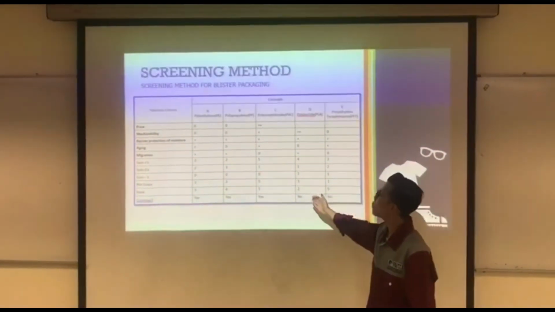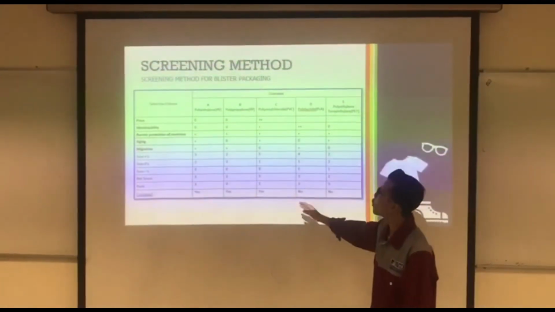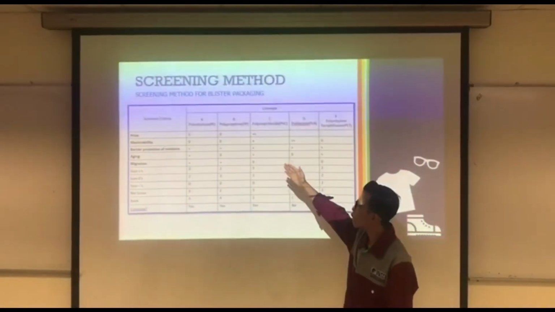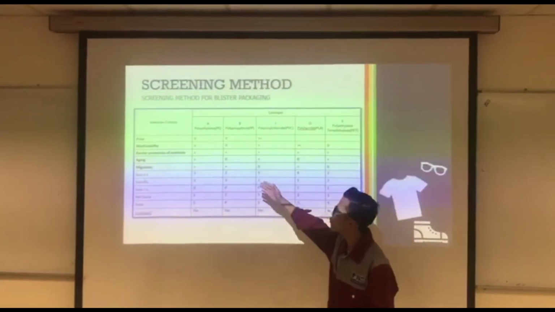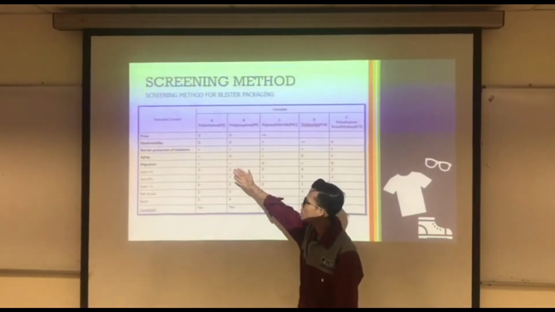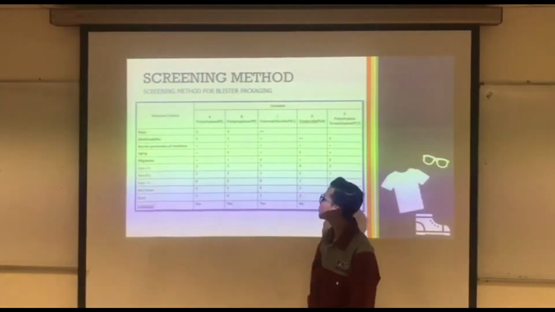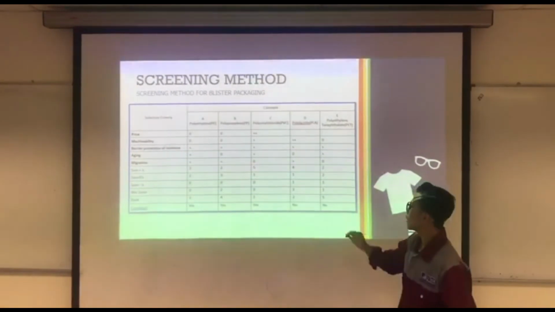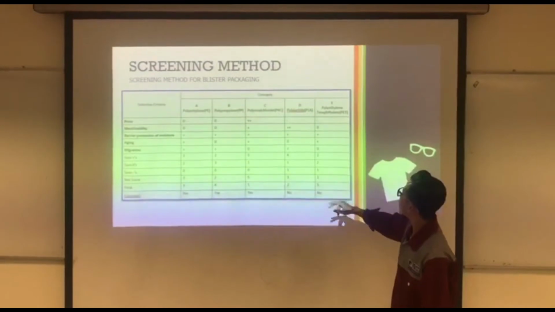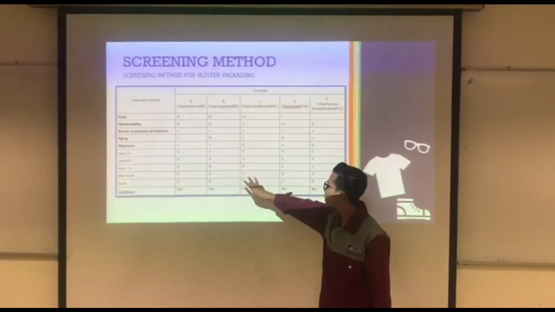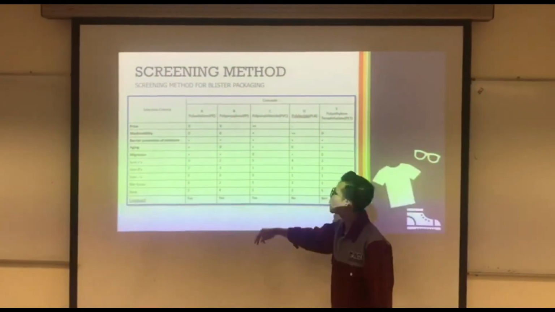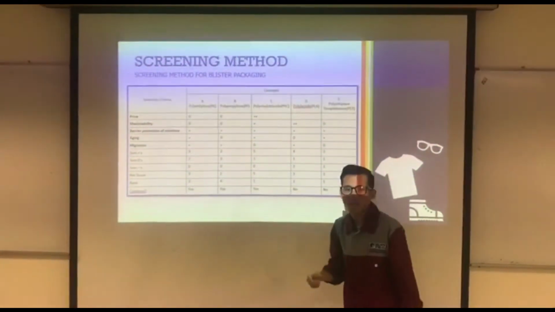The table shows the screening method of the five materials we compare. The criteria in the screening method are price, machinability, barrier protection of moisture, ageing, and migration. The table shows only three materials continue to the scoring method: PE, PP, and PVC.